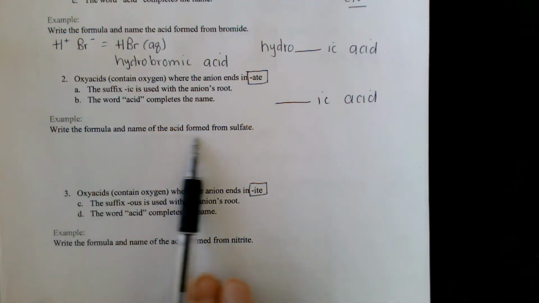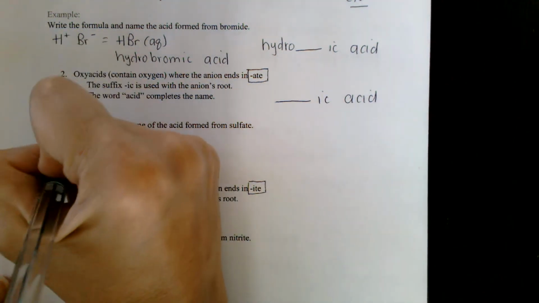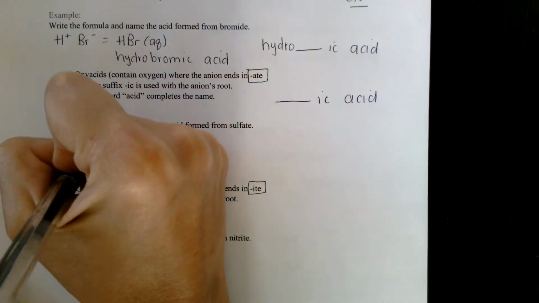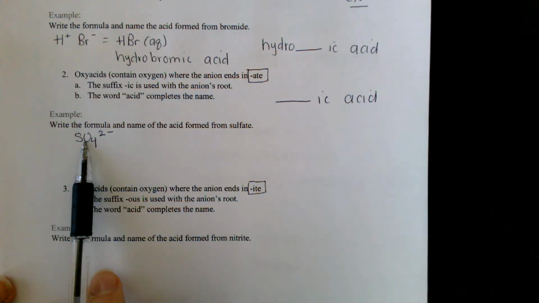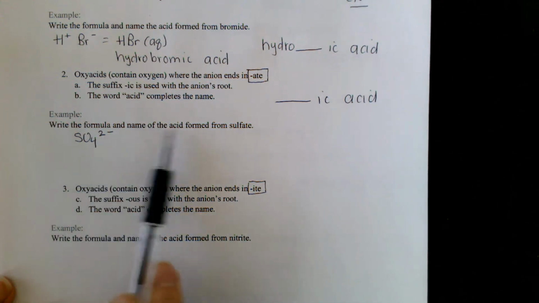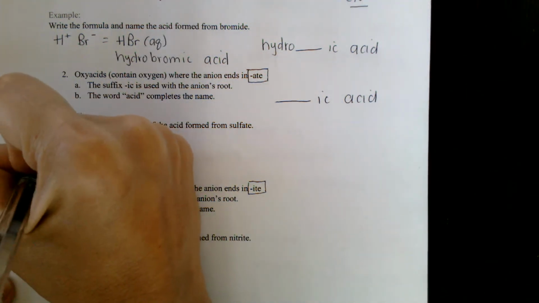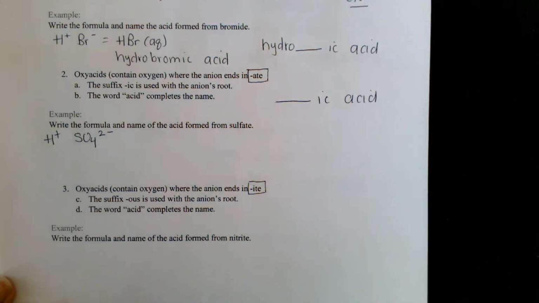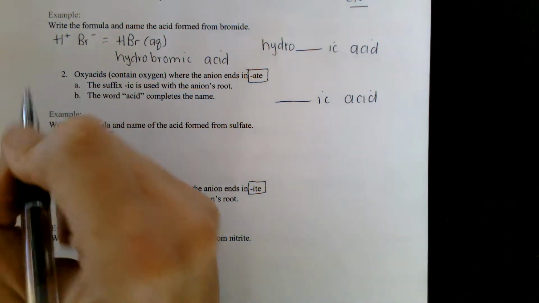Okay, so write the formula name of the acid formed from sulfate. So sulfate is SO4 2 minus. Okay, so that's our sulfate. So it's an acid, so we know our cation is H plus. So H plus and SO4 2 minus. So to balance this out, we need two H's for that.